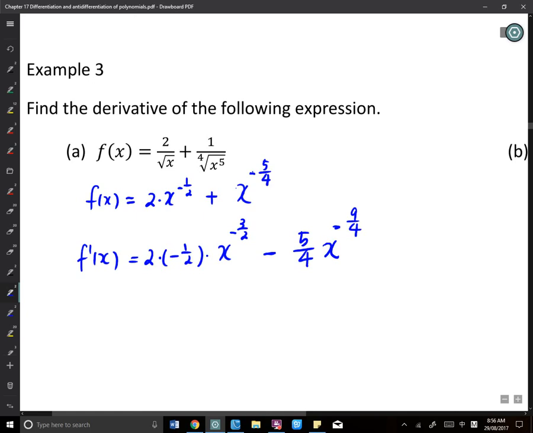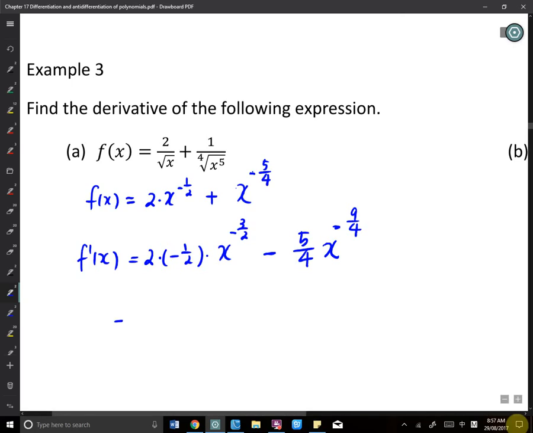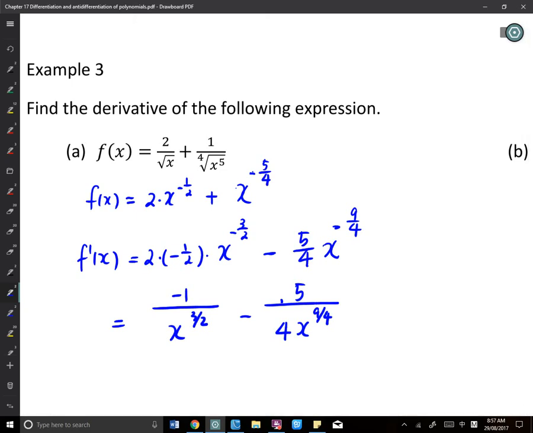Negative 5 over 4 minus 1 is negative 9 over 4. So if I want, I can put negative 1 over x to the power of 3 over 2 minus 5 over 4 x to the power of 9 on 4. It just looks a little bit better. I just put the negative power in the denominator.